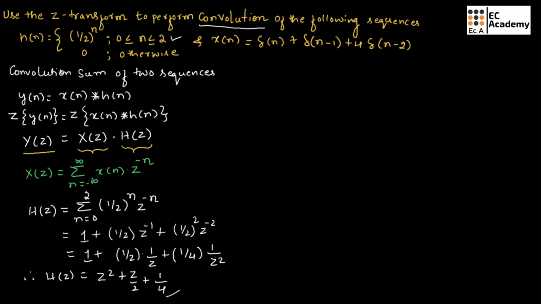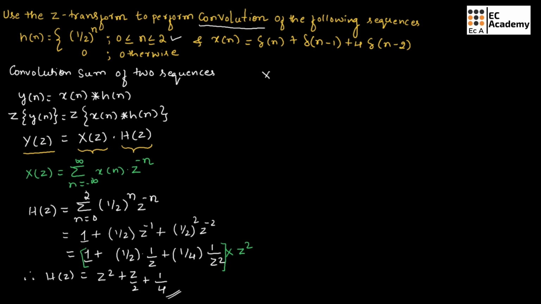We have got this equation by multiplying the above equation with z square for all the terms. So if we multiply the above equation with z square, we have obtained this final expression for H of z.